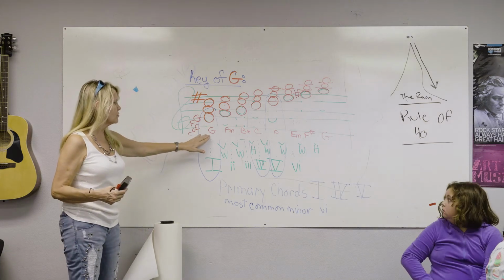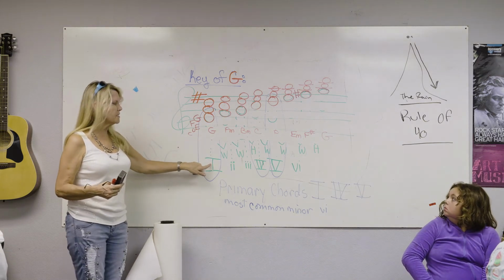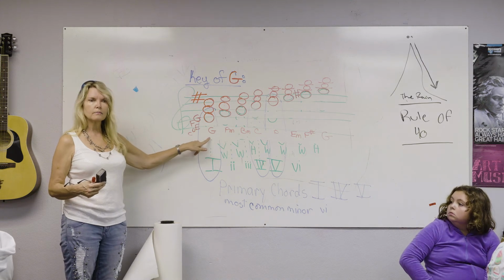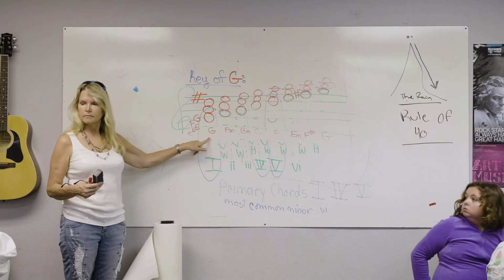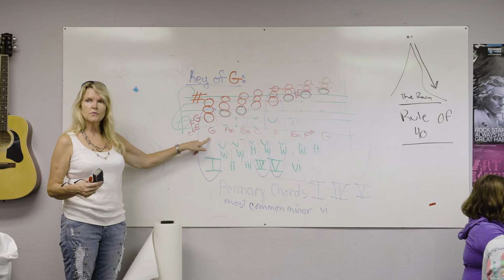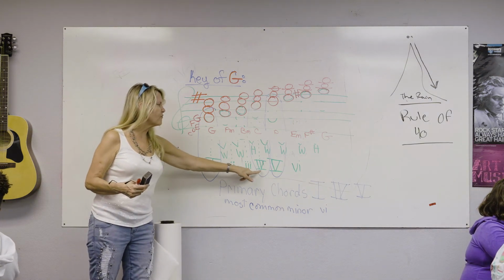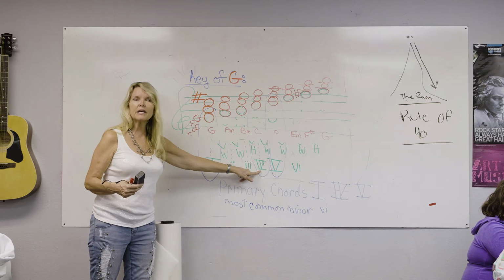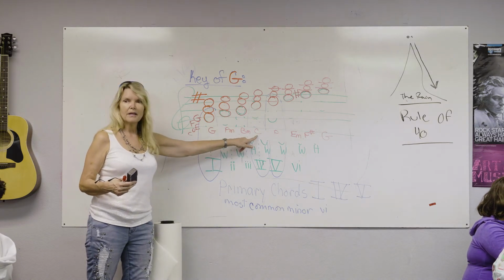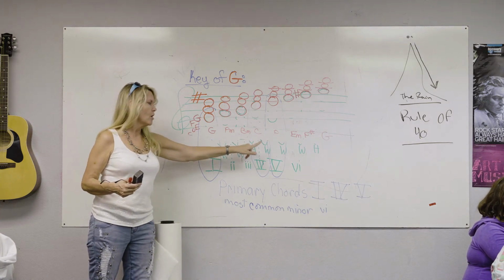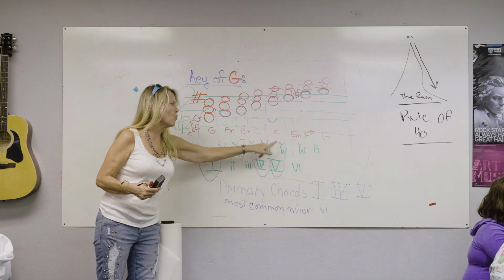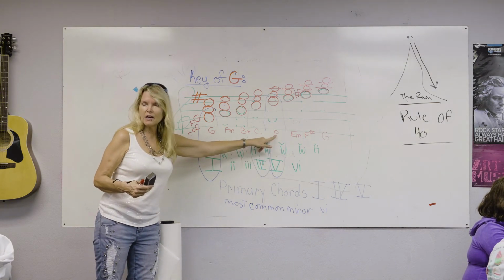So you have to know these chords. So what is the one chord in the key of G? It's a G chord. So everybody's saying it out loud. What is the 4 chord in the key of G? C. What is the 5 chord in the key of G?